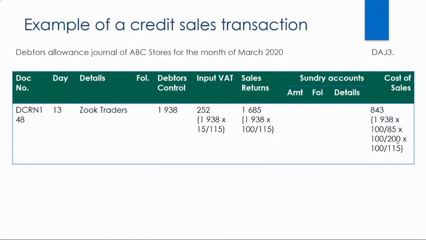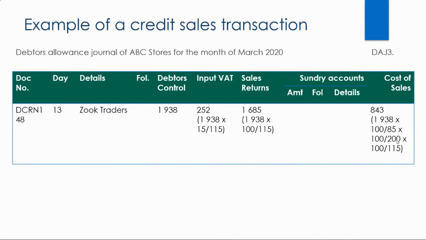Okay, so then the last transaction, we said we returned goods of 1,938 Rand based on the 12th. So now we have to reverse the input VAT, reverse the sales return. Now, those amounts are very similar.